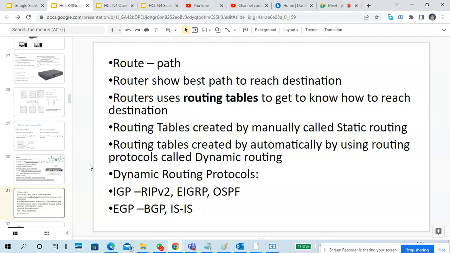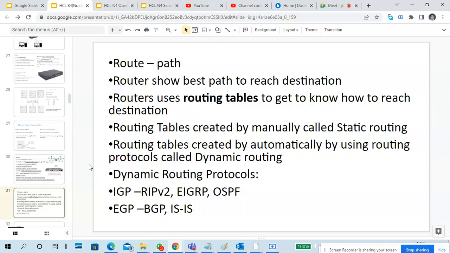They have their own disadvantages and advantages, but now we are going with RIP version 2, EIGRP and OSPF. These are the interior gateway routing protocols. Out of these protocols, EIGRP is the best as compared to RIP version 2 and OSPF. Enhanced interior gateway routing protocol, open shortest path first. Depending on the organization, they will implement whichever protocol they want. So we don't mind it.